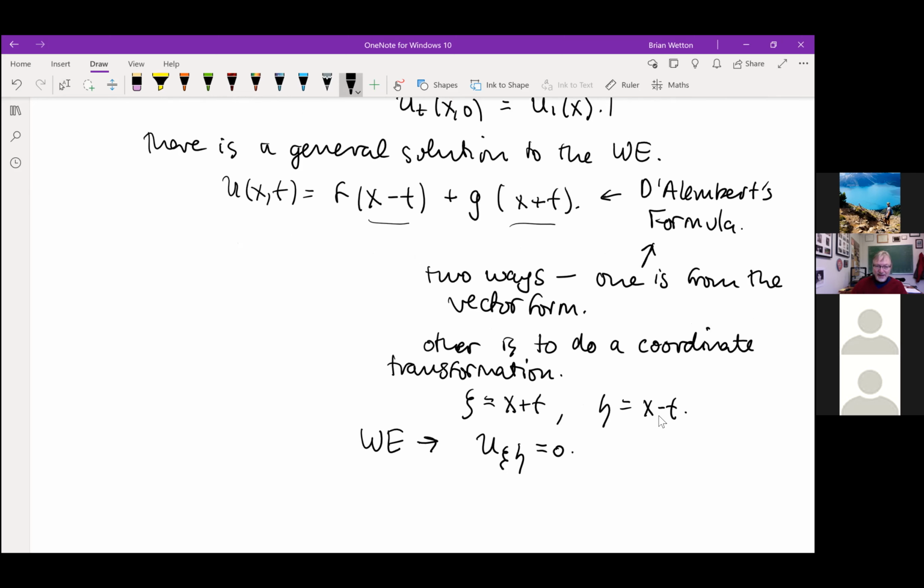Which means if I take the partial derivative with respect to x plus t and then the partial derivative with respect to x minus t, I get nothing. And that leads directly to this form. You've got a g of xi and an f of eta, or the other way around, and that's the only general solution you can have for that.